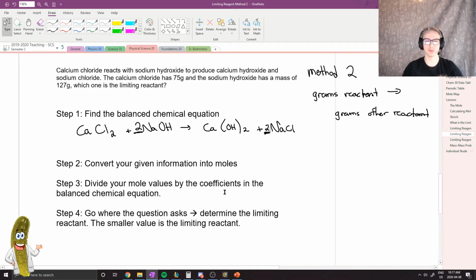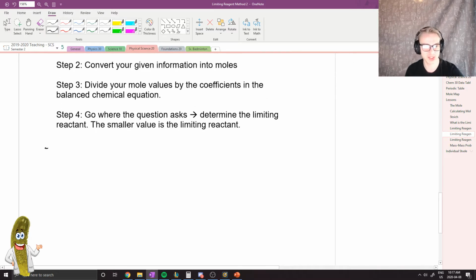Now, what I've done is I've compiled all of the steps into a smaller clustered area because I want to be able to do all of my work in one string of conversion lines. That's the end goal of what I want to be able to do with method 2. So I'm going to start with calcium chloride, and I'm going to start with the 75 grams of calcium chloride that I had.